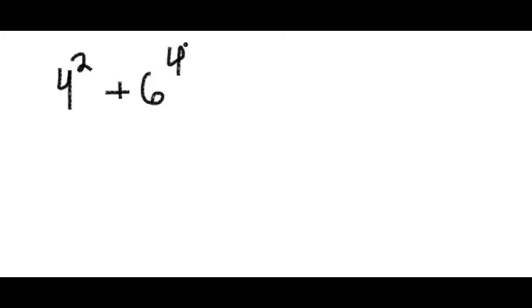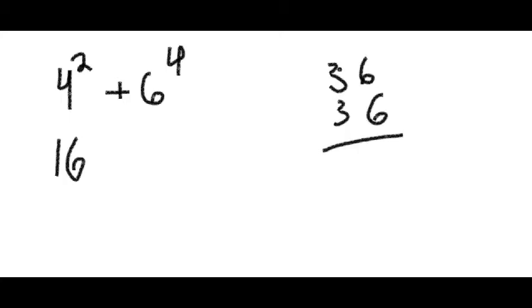So 4 squared is 16, and 6 to the 4th power is, I don't know. 6 times 6 is 36. So we're doing 36 times 36. Alright, so 6 times 6 is 36. 6 times 3 is 18. Alright, so we have 18 plus 18, which becomes 36.